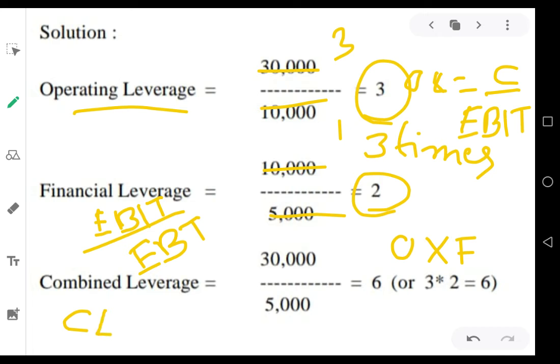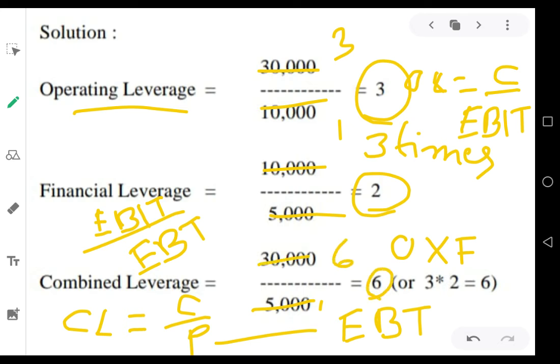In this case, contribution is 30,000 divided by profit. Profit is nothing but EBT, earnings before tax. So 30,000 by 5,000 is 6 times. Or if you do it by the other method, combined leverage equals operating into financial. Operating is 3, financial is 2, 3 into 2 is 6. So in both methods, you get the same answer.